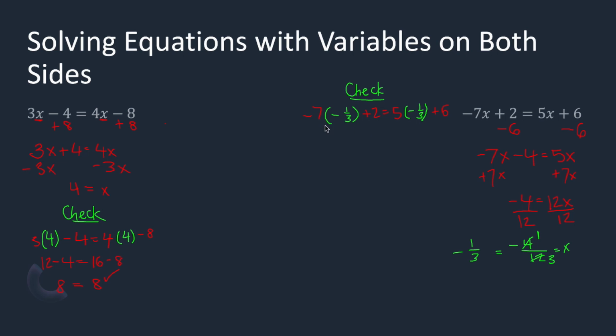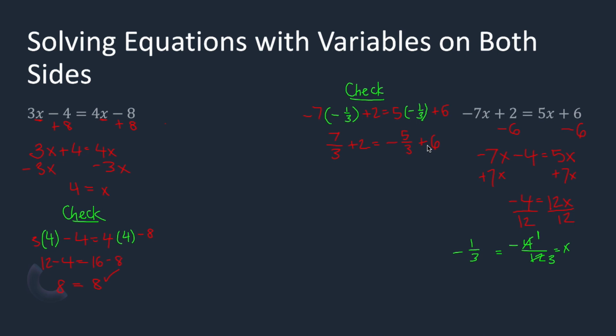Negative 7 times negative 1/3 is equal to 7/3. So I prefer to keep this an improper fraction because it's easier for me. Plus 2 is equal to 5 times negative 1/3 is equal to negative 5/3 plus 6.